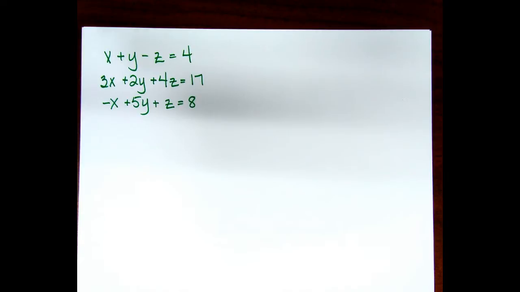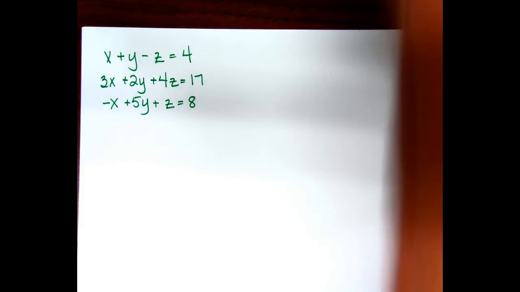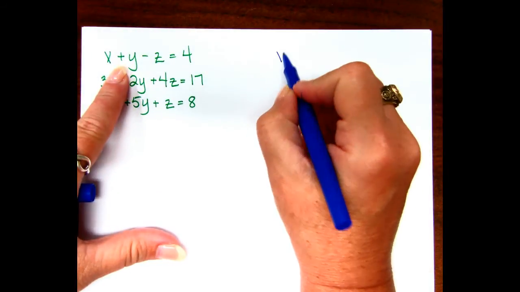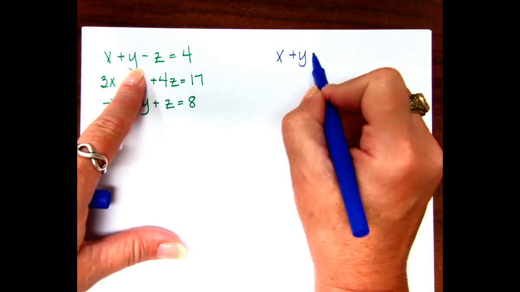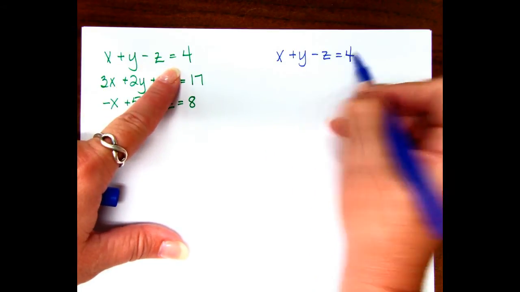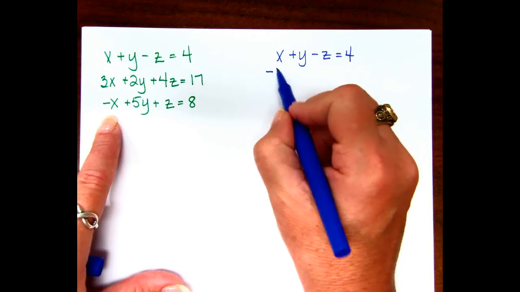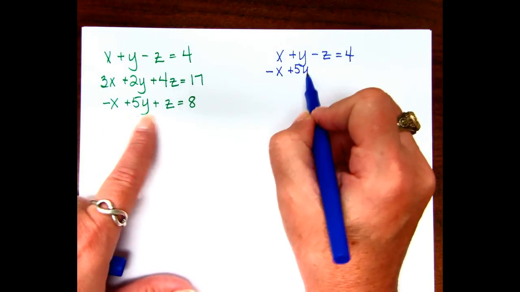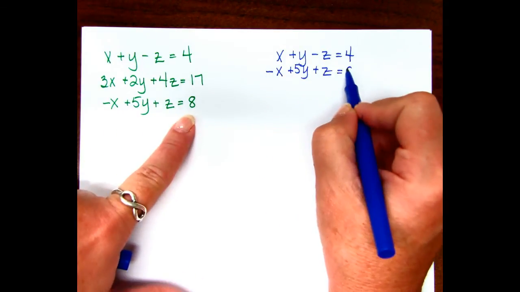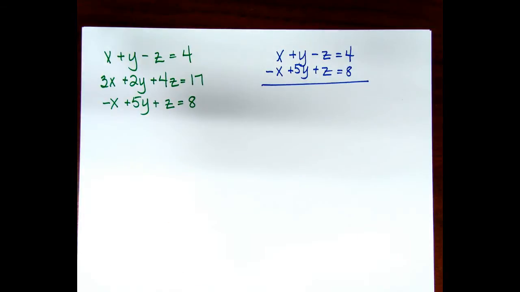Okay? So if we combine top and bottom, I'm going to go ahead and write them over here to the side again so I have it written down. x plus y minus z equals 4. And then the bottom one is -x plus 5y plus z equals 8. If I straight combine them, ooh, look what happens.